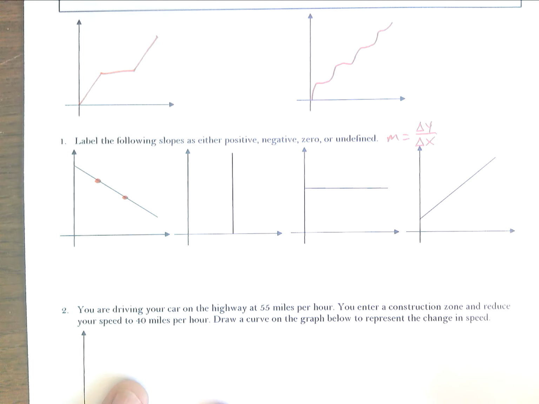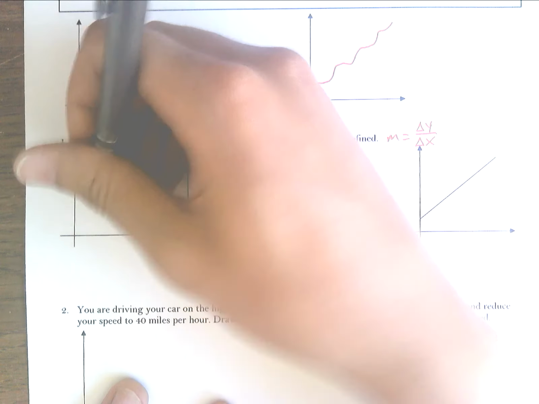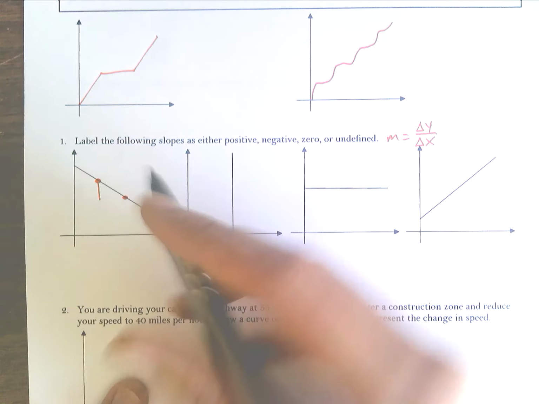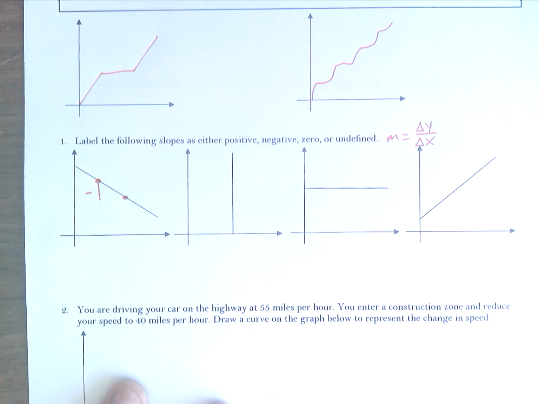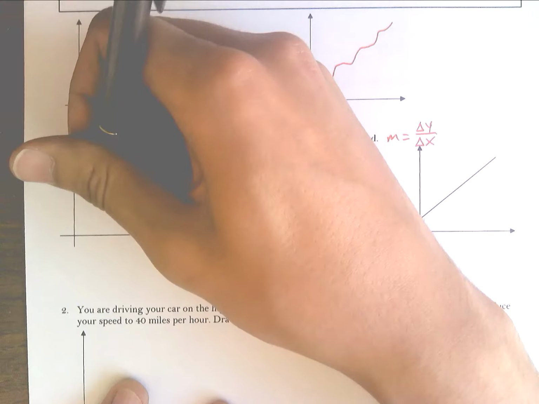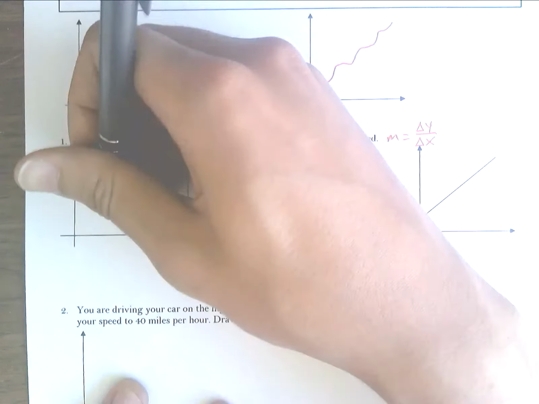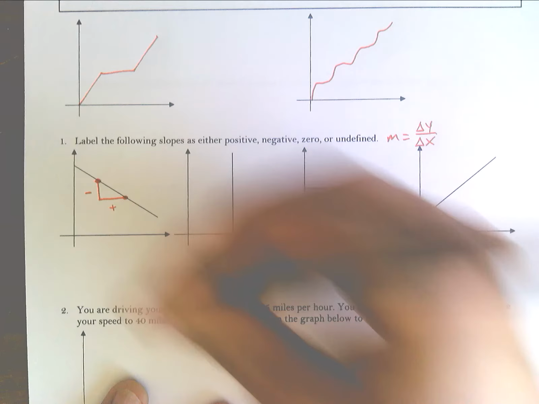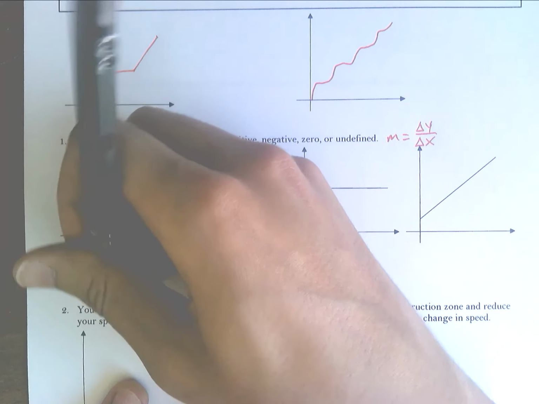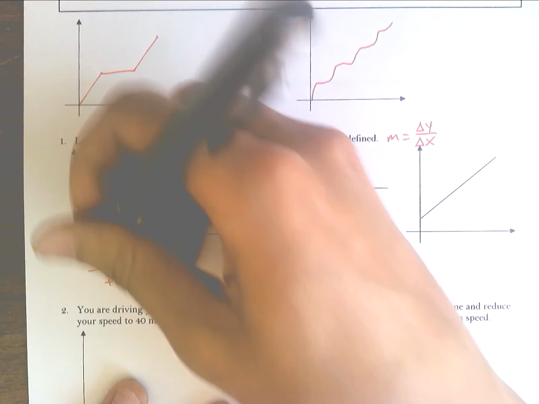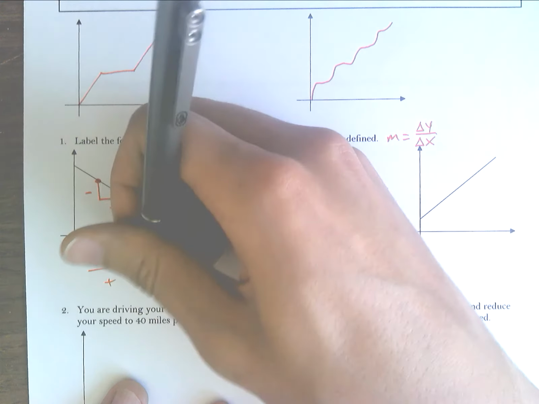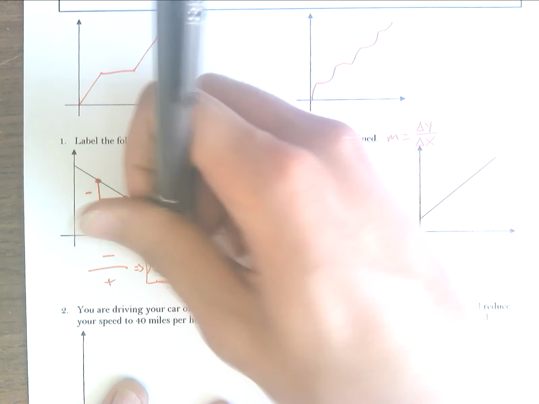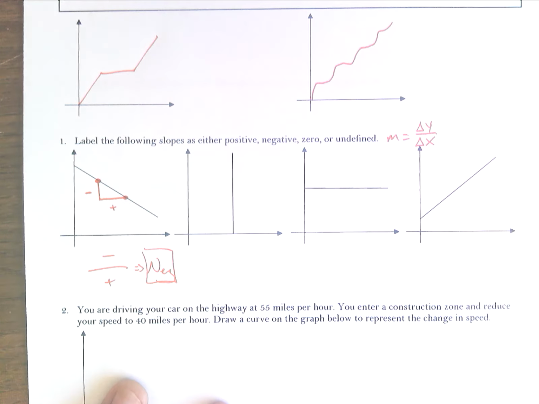The change in y, or how much it's changing vertically, so if we were to go down to the next point, the level of the next point, this would be a negative change in y. And then a change in x, our horizontal change, is positive. So if we have a change in y that's negative over a change in x that's positive, a negative over a positive gives us a negative slope. So that is a negative slope.